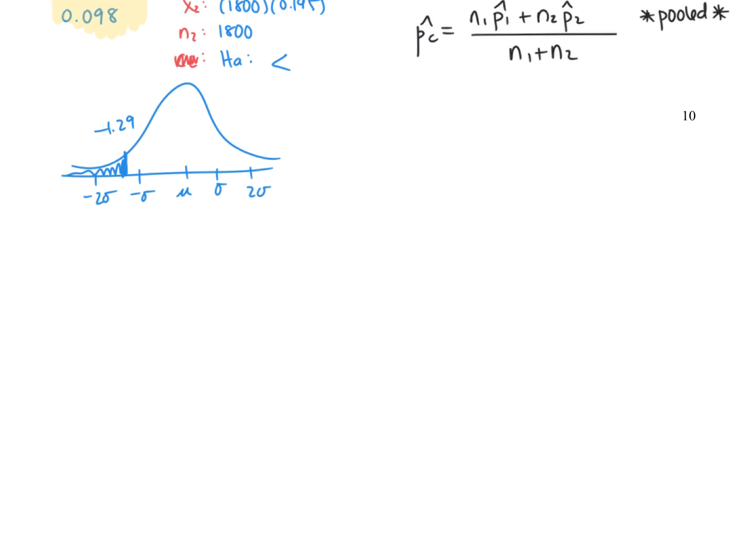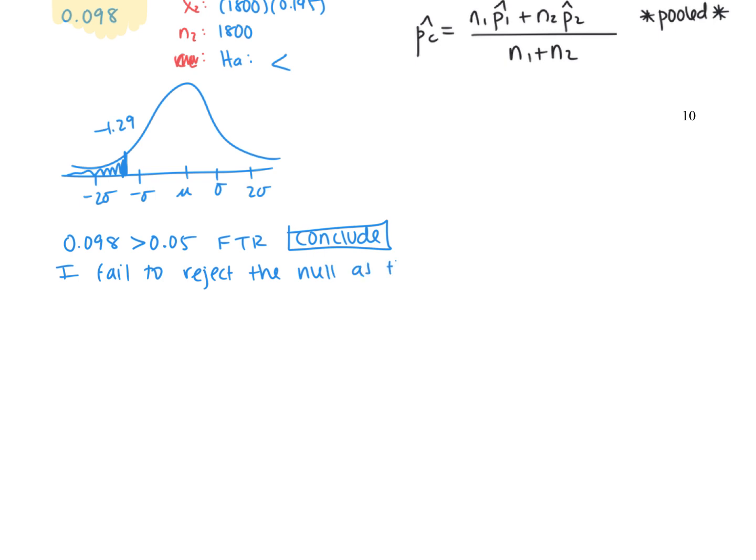Okay, ready for a conclusion? Okay, p-value 0.098, and that is greater than 0.05, so we will fail to reject. So I fail to reject the null as there is not convincing evidence.